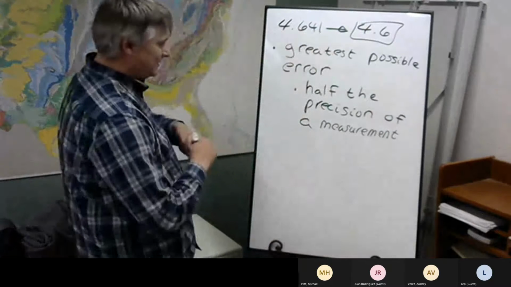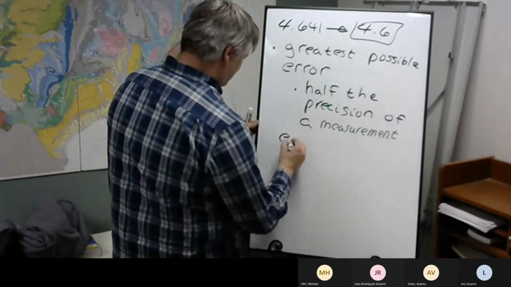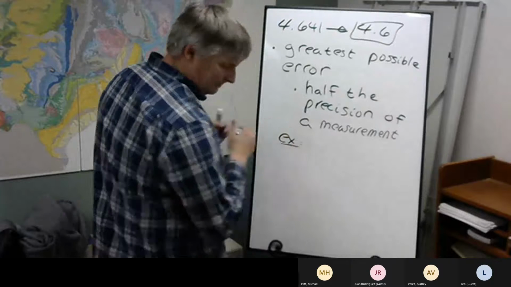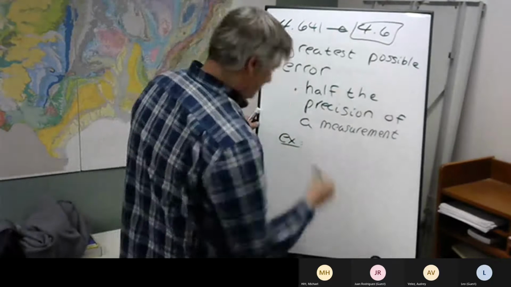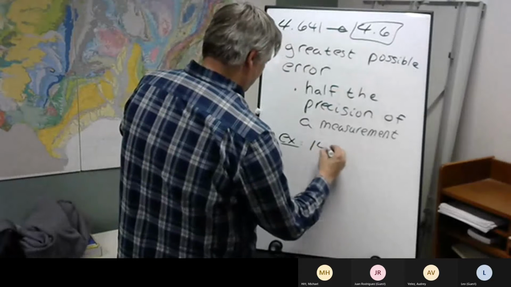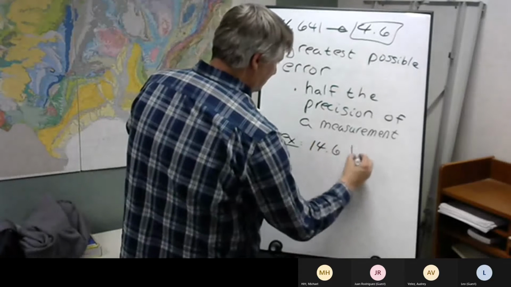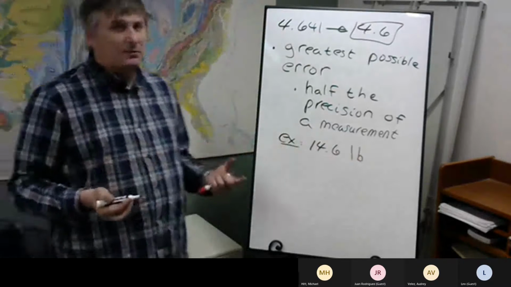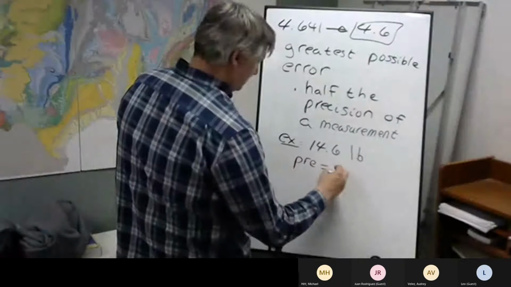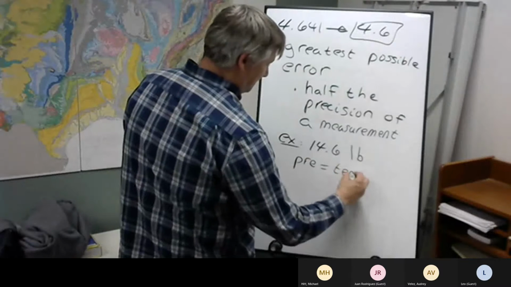So, for example, let's say we have 14.6 pounds. So for this number, the precision is going to be tenths, sorry, tenths.